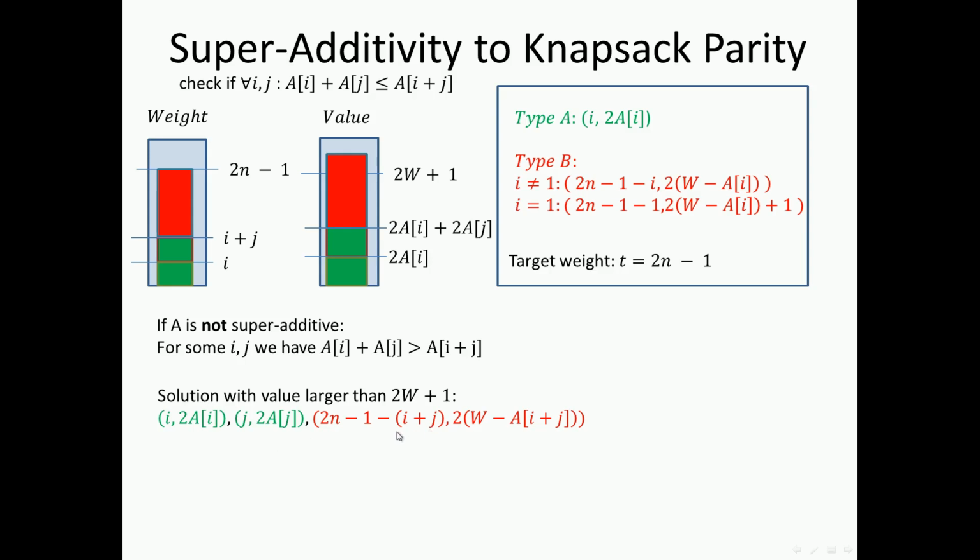So we get a solution with weight 2n minus 1, and by the violation of the super-additivity, we get a solution with value which is larger than 2W plus 1.